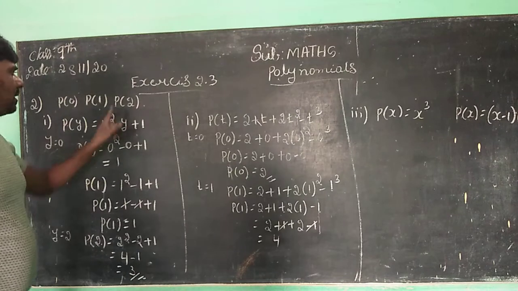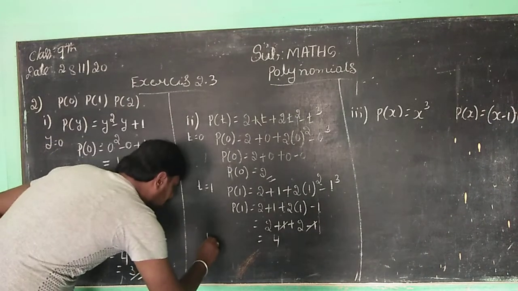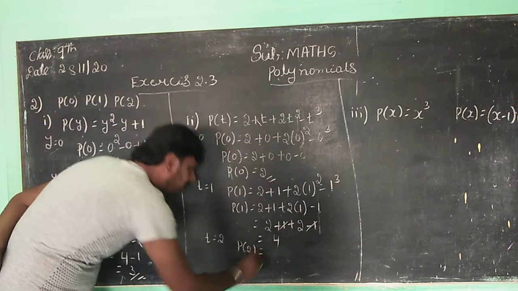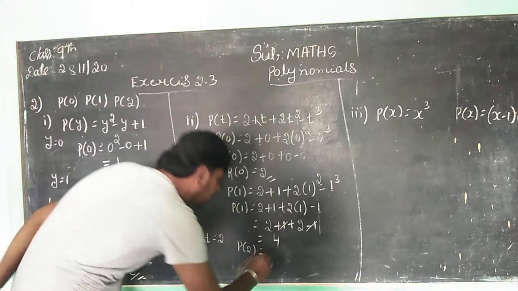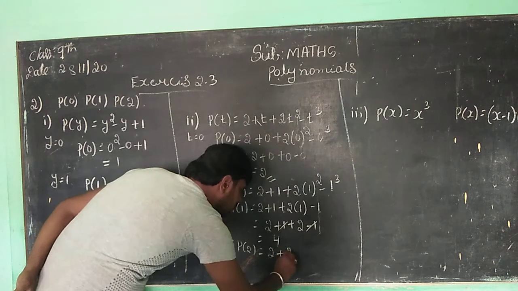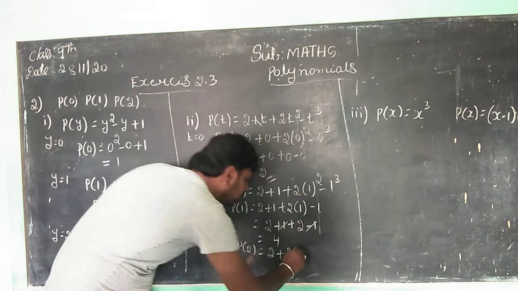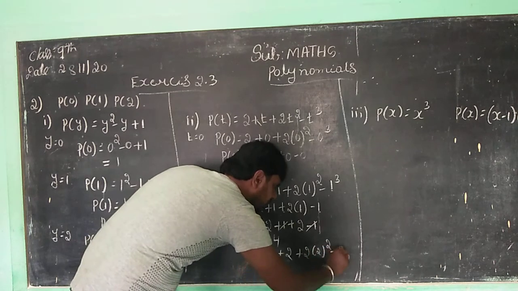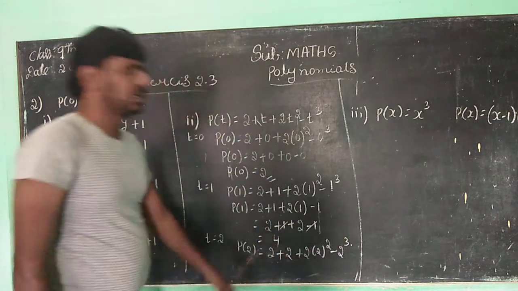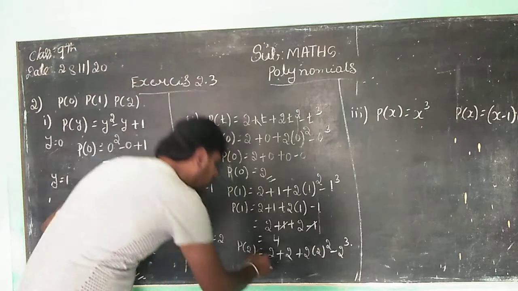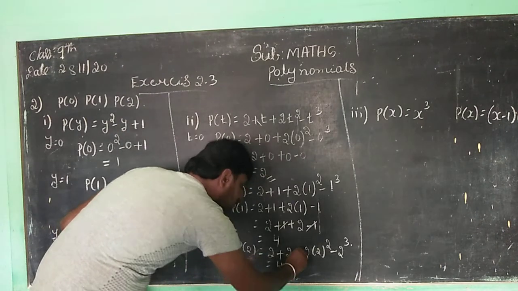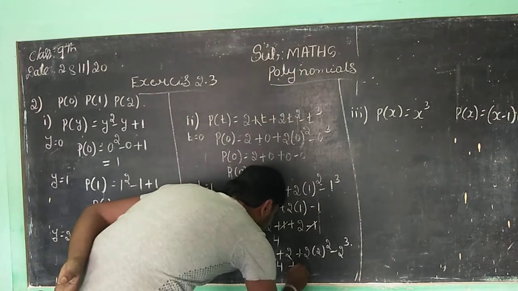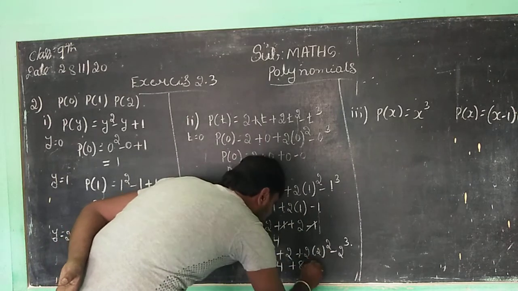Next, the last one is P of 2, so t is equal to 2. P of 2 is equal to 2 plus 2 plus 2 times 2 square minus 2 cube. 2 plus 2 is 4. 2 square means 4, 4 twos are 8, and 2 cube is 8.